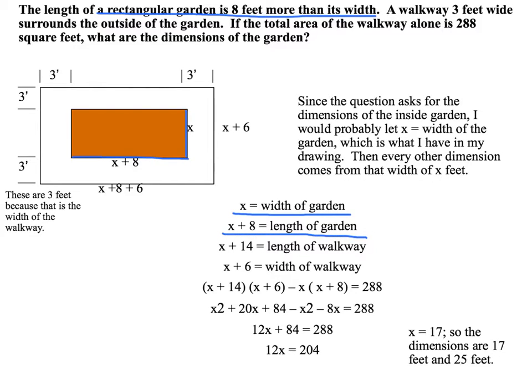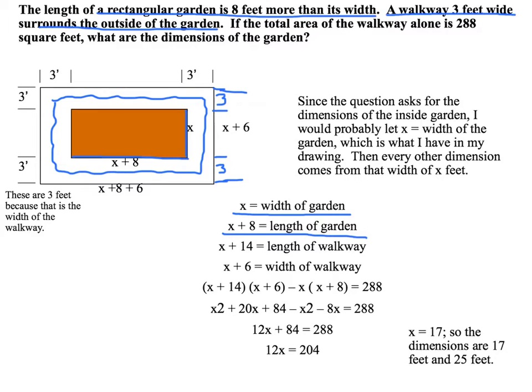It also said that we have a walkway 3 feet wide that surrounds the outside of the garden. So you can see that I have the walkway all in here, and it's 3 feet wide. Well, if it's 3 feet wide, that must mean that the distance from here to here is 3, and the distance from here to here is 3. So that total distance, as you can see on my drawing, is x plus 6.